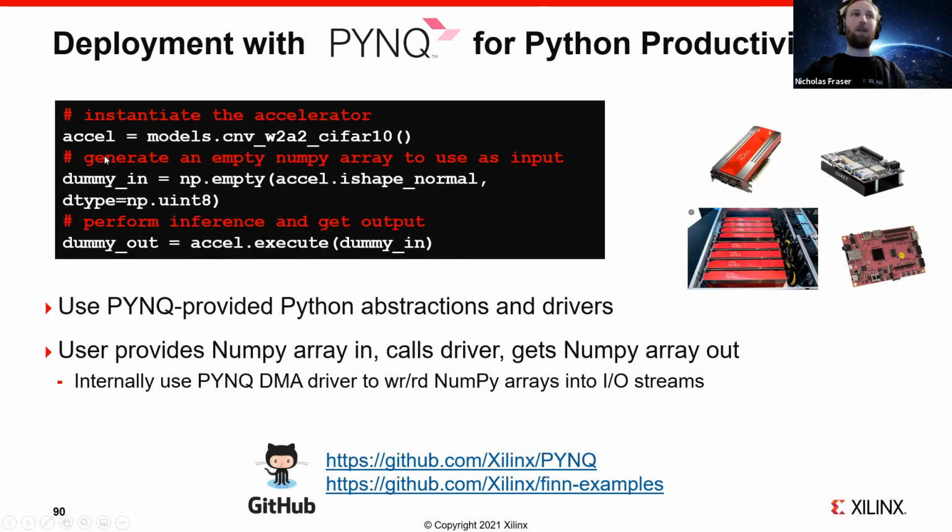So we can also generate PYNQ compatible drivers that allow you to do something as simple as the code that you're seeing at the top here to actually talk to the accelerator that you've created and feed it some NumPy inputs. There will probably be a slight performance hit from trying to do this, but in terms of putting together demos or trying to understand how stuff works, getting something that works end to end is really great.